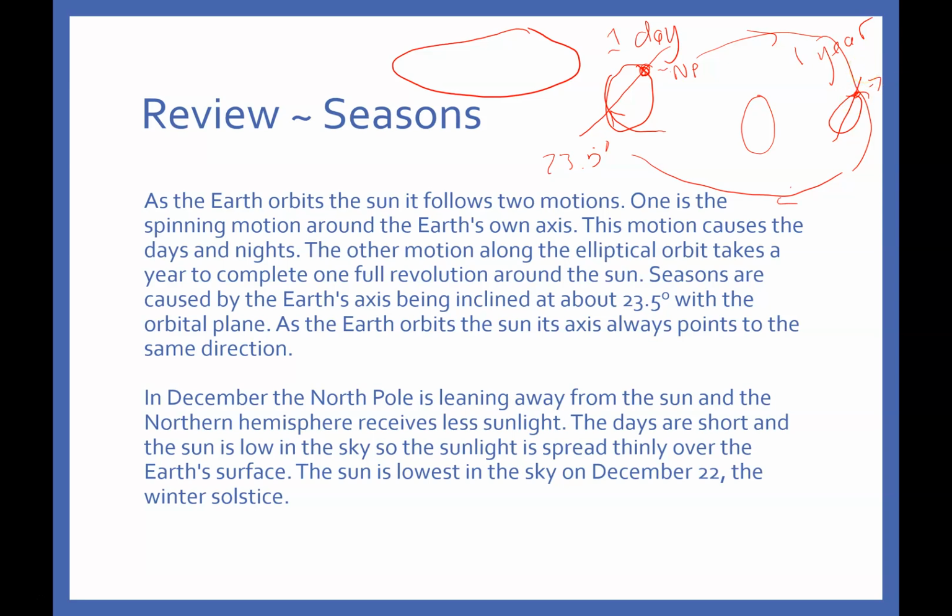The days are shorter and the sun is low in the sky, so the sunlight is spread thinly over the Earth's surface. The sun is lowest in the sky on December 22nd, which is the winter solstice, and that is the shortest day of the year, the least daylight hours in the whole year.